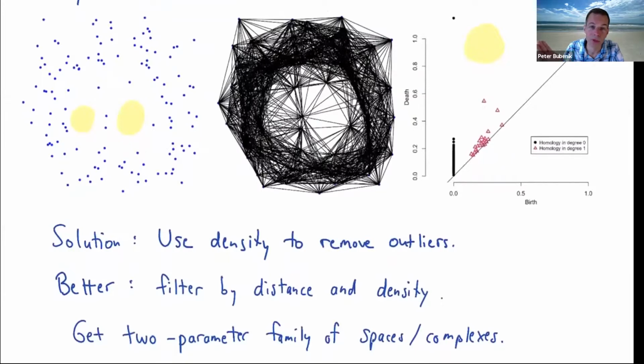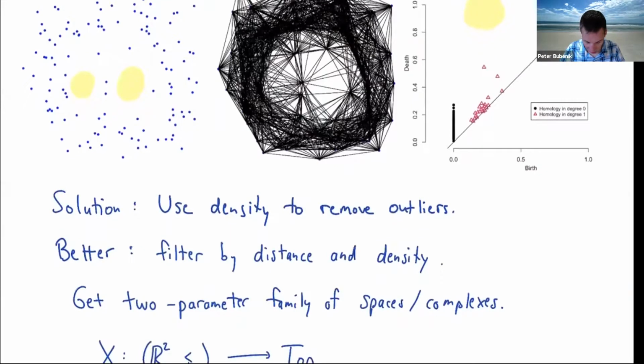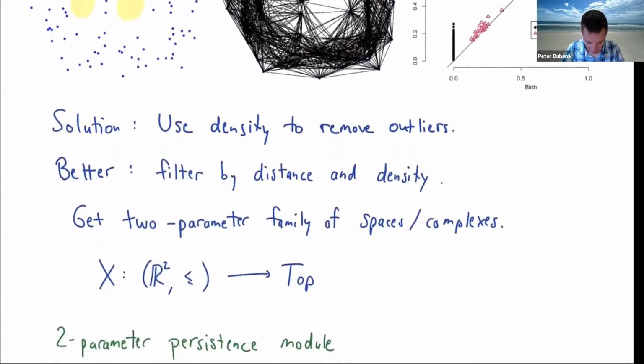One parameter would be, for example, growing balls of some radius, and the other would be including points where the density is sufficiently high. So that would give us a 2-parameter family of spaces. We take the corresponding complexes, take homology, and we get a 2-parameter persistence module.